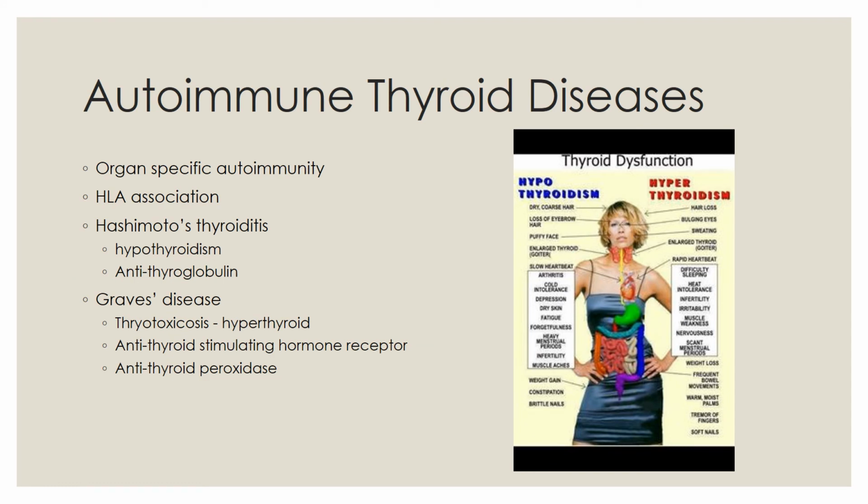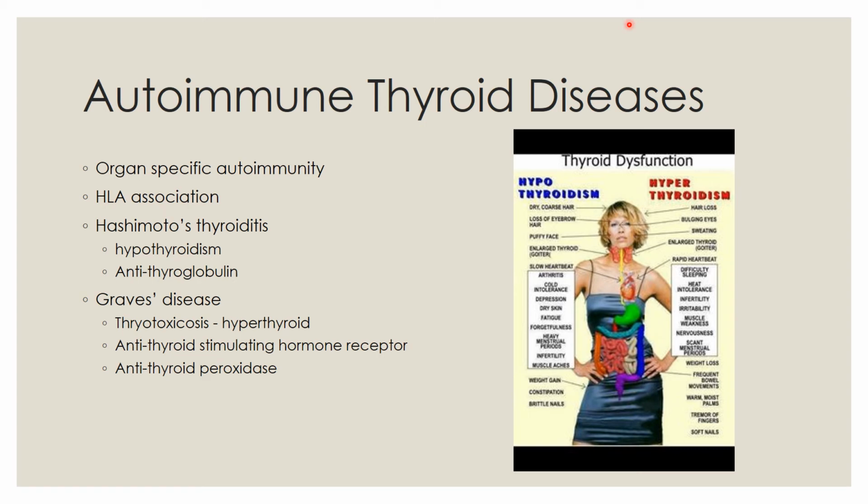Then we have thyroid diseases. Autoimmune thyroid diseases are another major problem that has developed, I would say, as we stay healthier longer, our immune system has not a lot to do, so it finds other things to do that it shouldn't be doing, is kind of the way I think of it. There is a genetic predisposition to having thyroid disease. Again, it's associated with certain HLA antigens, okay?